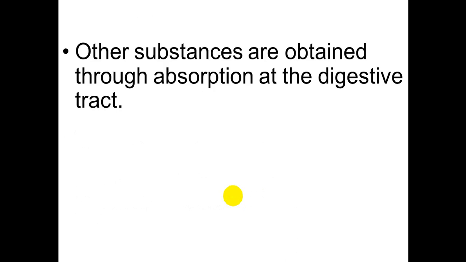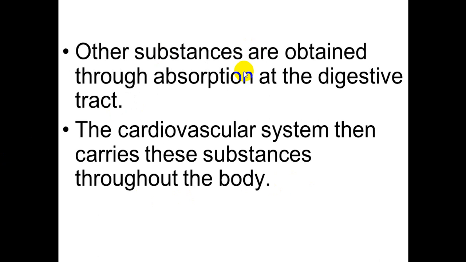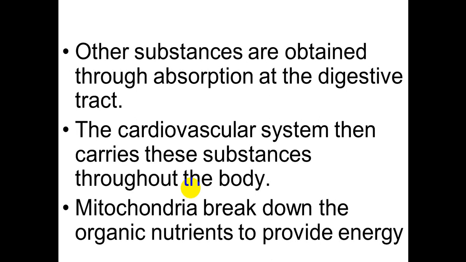Next slide. Oxygen is absorbed at the lung. Other substances are obtained through absorption at the digestive tract. The cardiovascular system then carries these substances, and they diffuse from the bloodstream into the tissue where they can be absorbed and used by our cells.